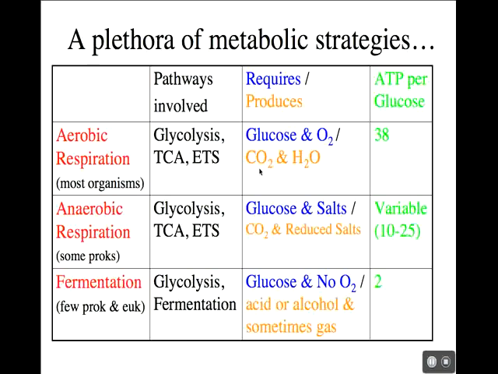The electron transport system and chemiosmosis make the most ATP. 34 of the 38 come from those processes. So the total possible ATP made per glucose in aerobic respiration is 38, a big number, lots of ATP made there. That's aerobic respiration, the most common form of metabolism.